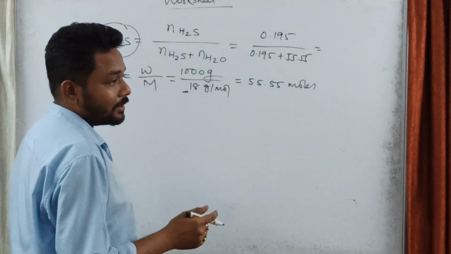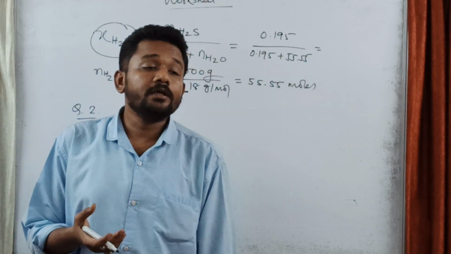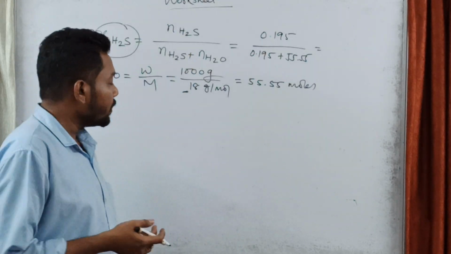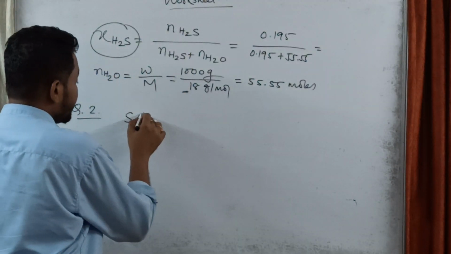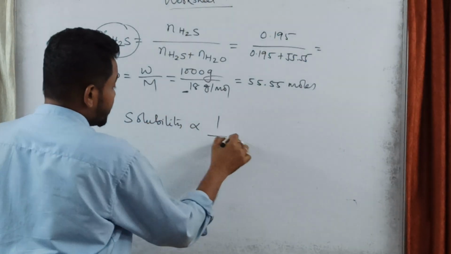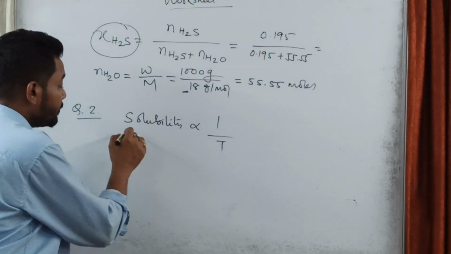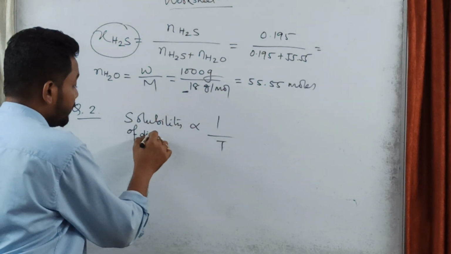We all know the concept that aquatic animals always feel more comfortable in cold water than hot water. You all know that solubility is inversely related to temperature. That means we are thinking about the solubility of dissolved oxygen or any dissolved gas.